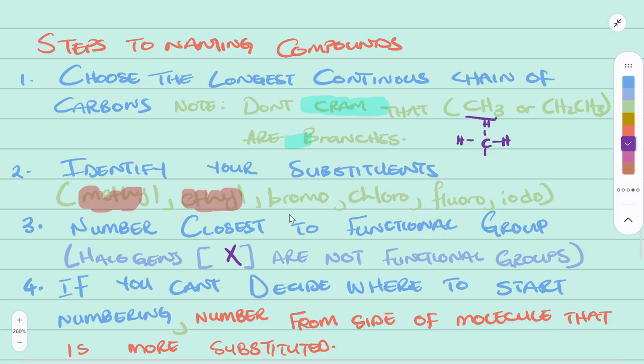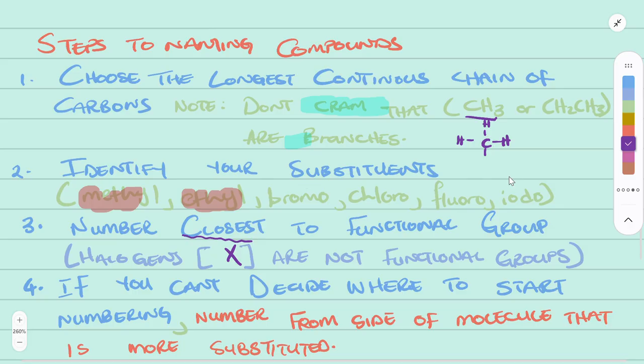Now the third one: you have to number closest to the functional group. Guys, this is the golden one. Let us remember, for your functional groups, you can have a carbonyl group, a carboxyl group, a formyl group, a hydroxyl group.